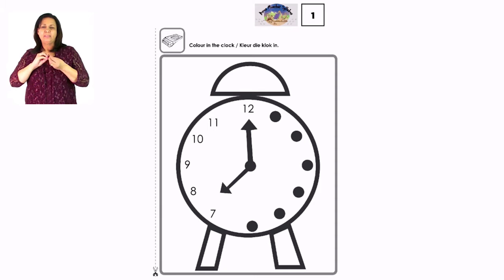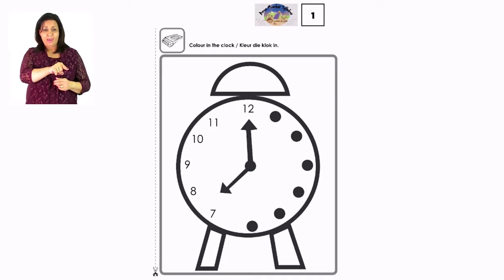Some numbers are missing, and as we count, we always start counting from 1, 2, 3, 4, 5, 6. And if you look at the clock, 7 is already there. Then we go to 8, 9, 10, 11, and 12.